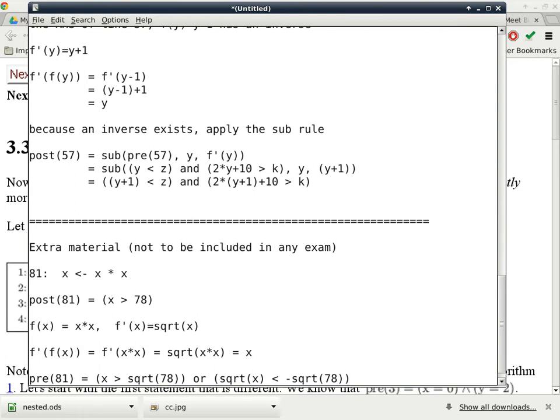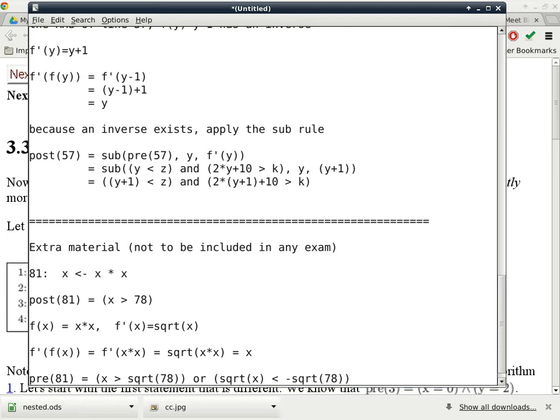So the precondition, in this case, there are two ways, okay? So even though there's one single outcome, it can come from two possibilities before line 81. Because the negation of the square root of 78, if you take that square, it will still be 78.